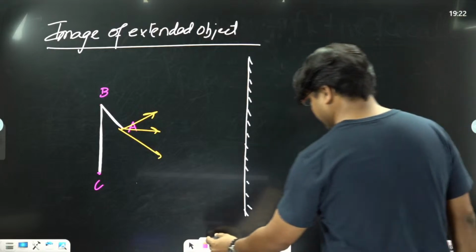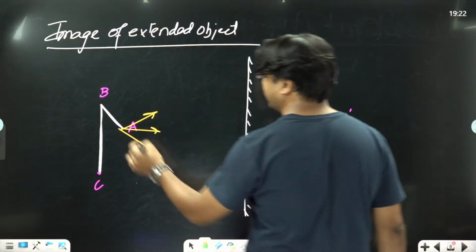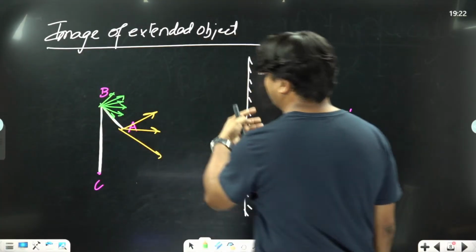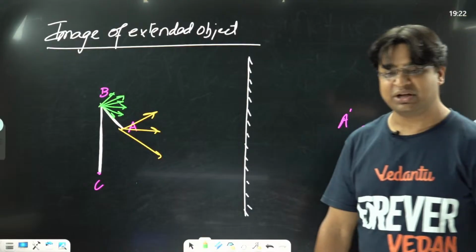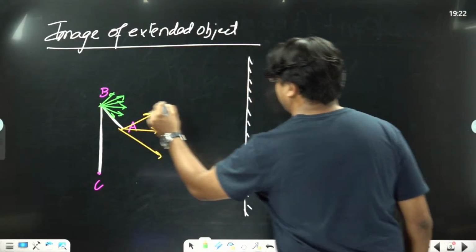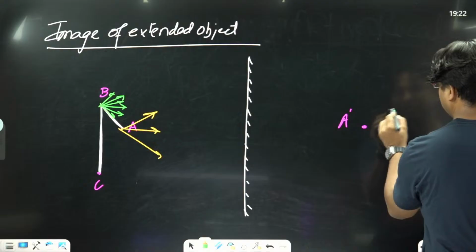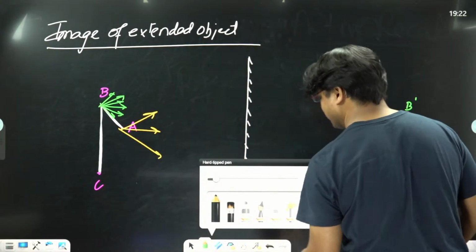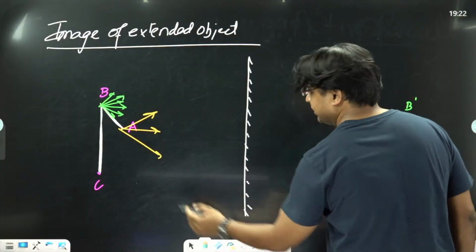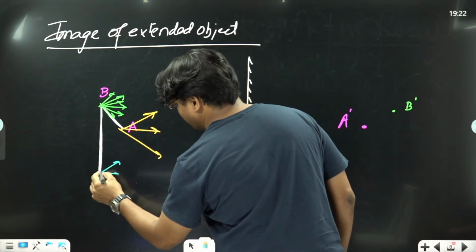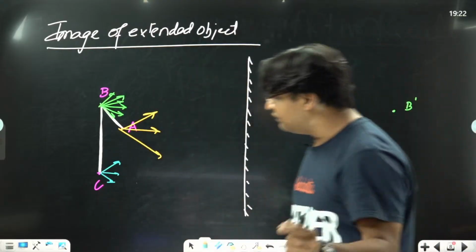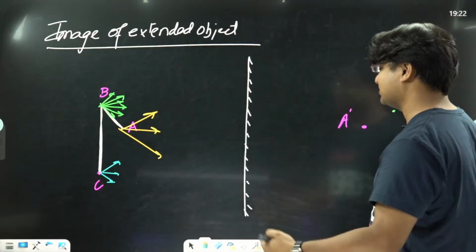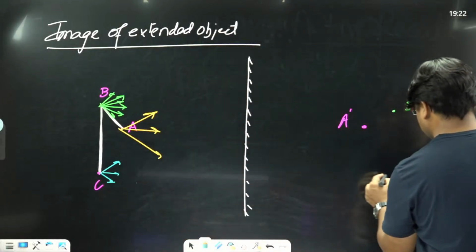Similarly, point B is acting as an independent point object, giving out rays in all directions, and these rays are incident on the mirror, get reflected, and form the image of B somewhere. Similarly, C acts like an independent point object, it has nothing to do with A and B, and gives out its own light.